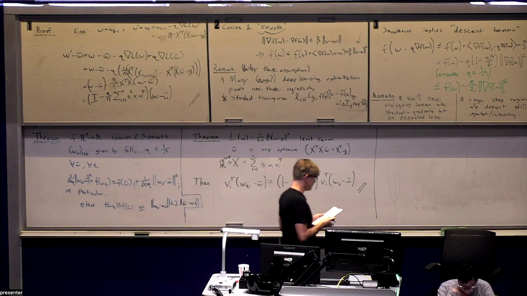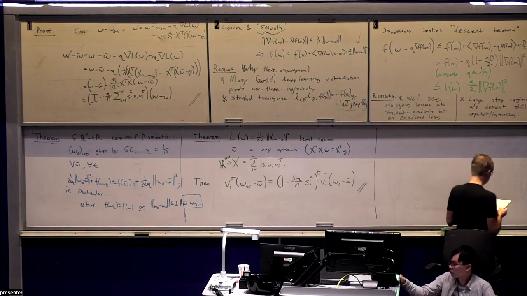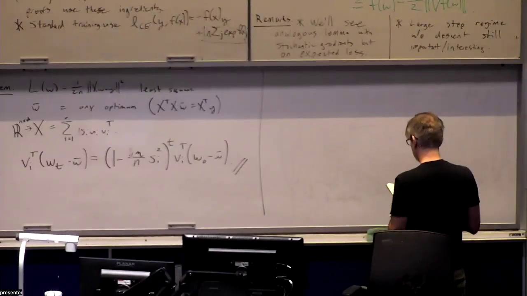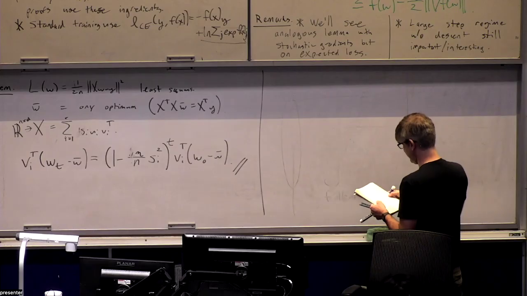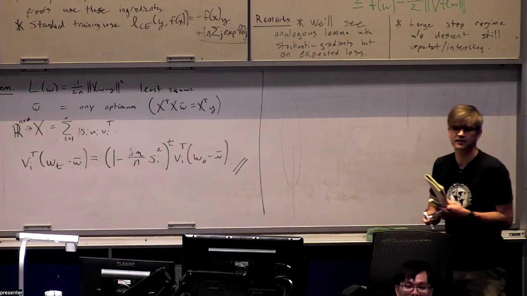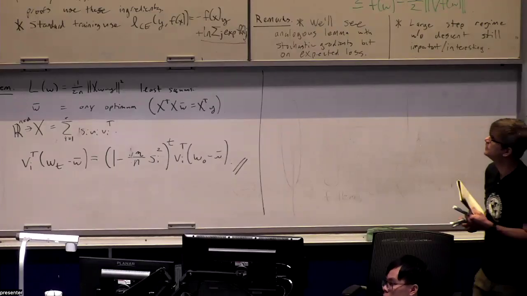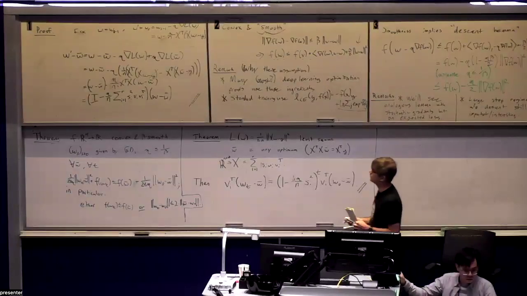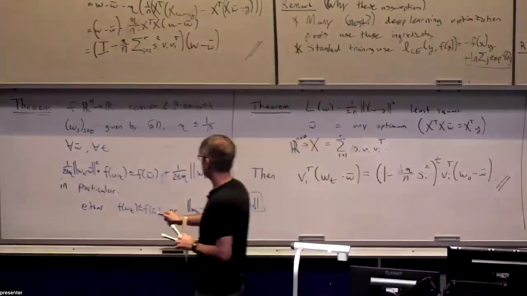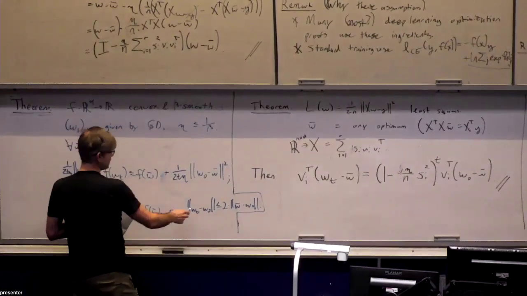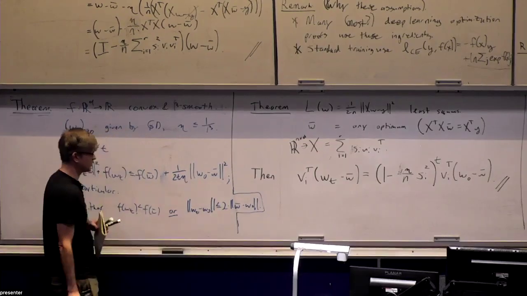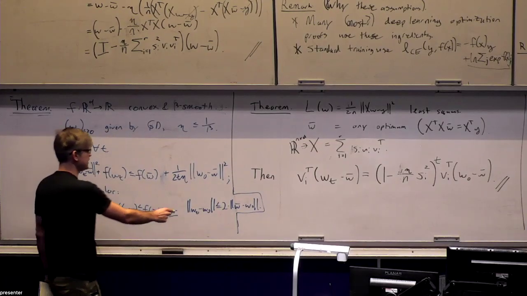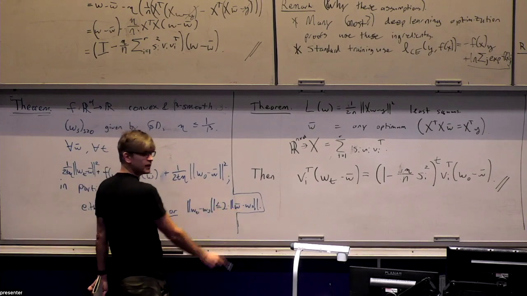Let me give some remarks about this. So either our function value is small, or our norm is 2 times the comparator norm. So this is norm of WT minus W0 less than or equal to 2 times norm of W bar minus W0.